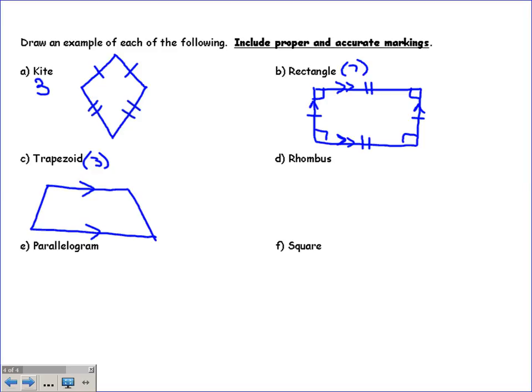Part 4, the rhombus. A rhombus has 7 characteristics. It's like a slanted square. 4 sides, 4 angles. Oh wait, they're all the same.